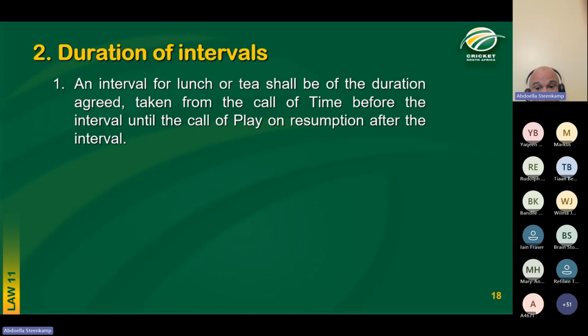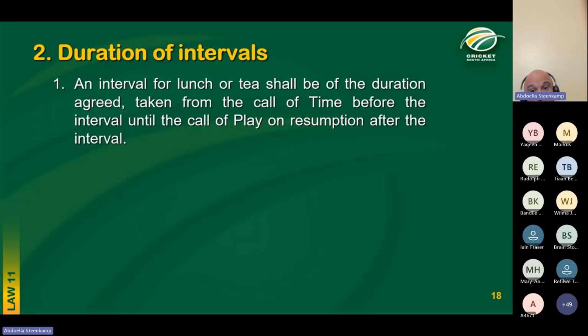Your interval for lunch and tea always needs to be the agreed duration. If you decide lunch to be 40 minutes, that lunch interval must be 40. If tea is 20, it's 20. If you decide tea is 30 minutes, then tea will be 30.